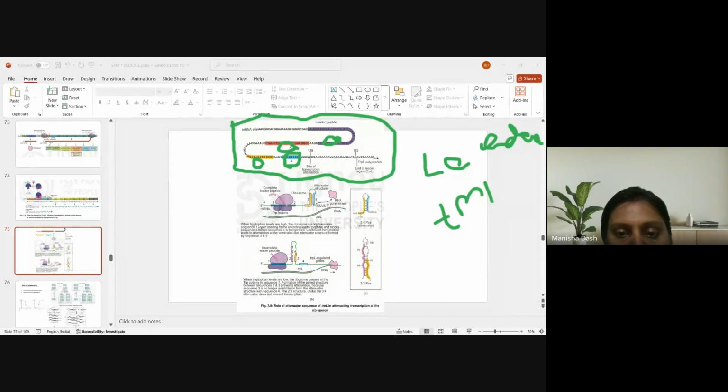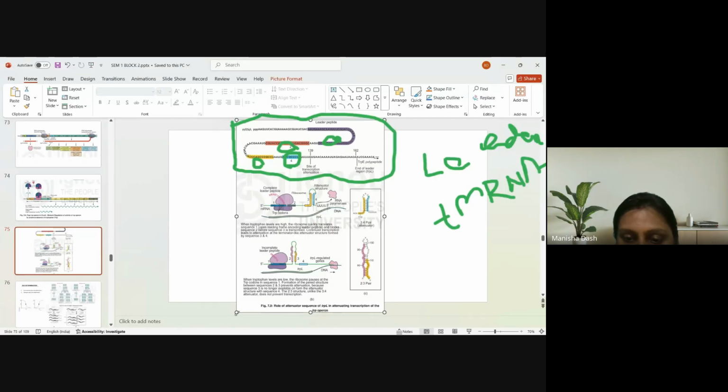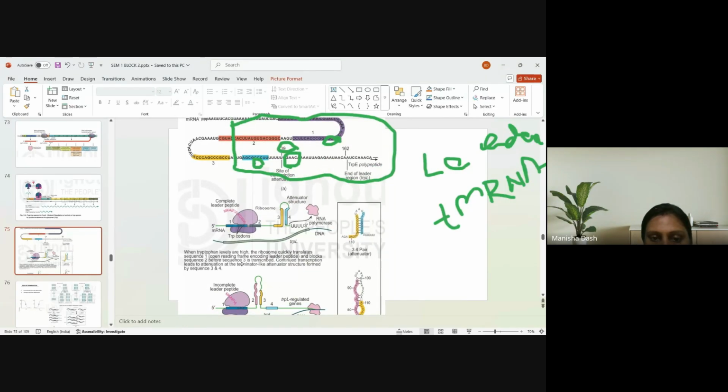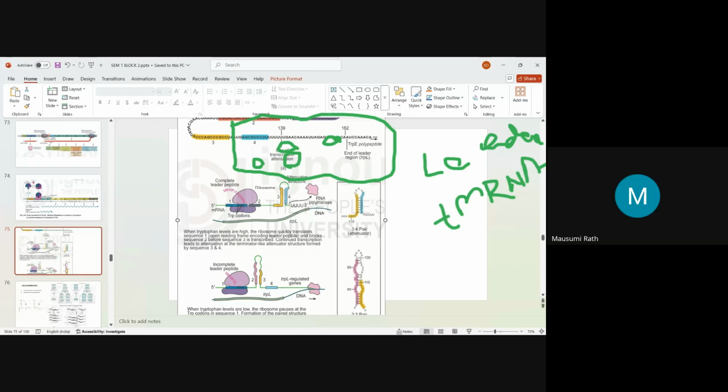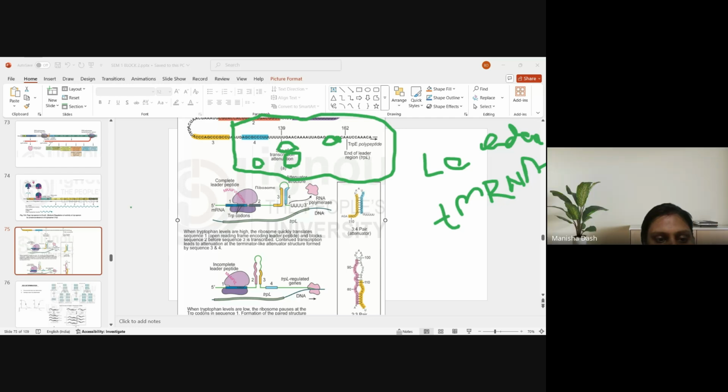So when the tryptophan is present, what happens? When the tryptophan is present, the leader peptide is complete, as you can see here.